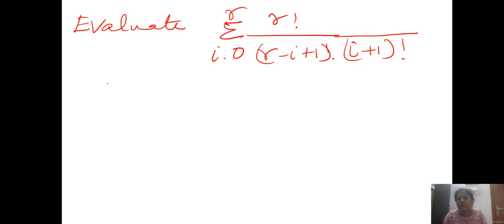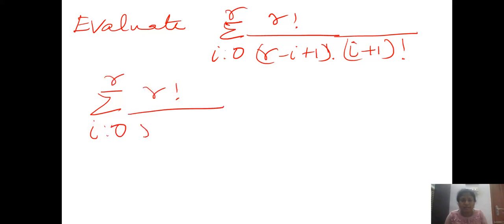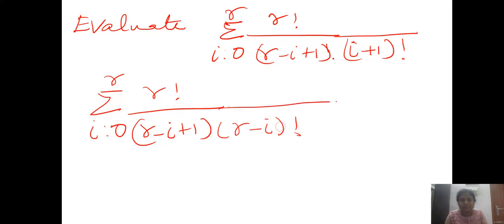Before applying the exponential generating function, let me make an attempt to simplify this. There are so many terms, no? The same term can be written as the summation for I equal to 0 to r of r factorial divided by (r minus I plus 1) multiplied by (r minus I) factorial, and (I plus 1) multiplied by I factorial.